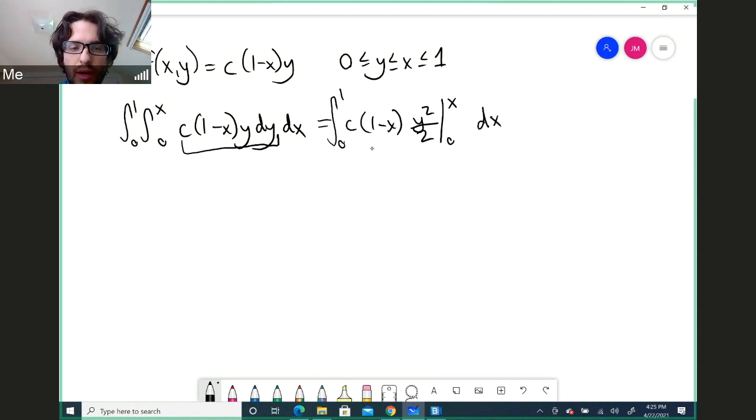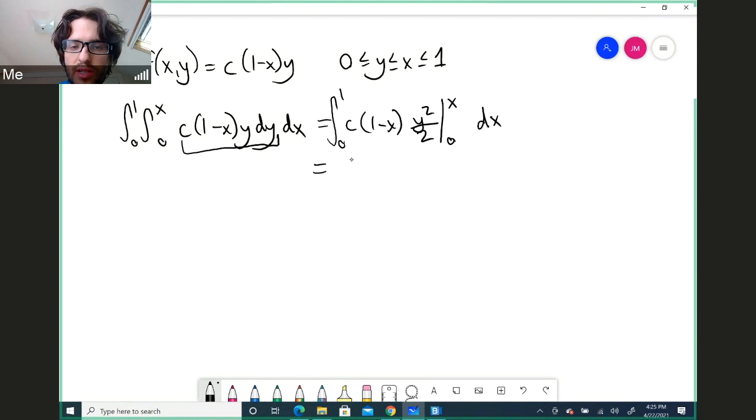At this point, all we've done is integrate the inner integral, so y becomes y squared over 2, and we keep the constant. The next step is we plug in the limits, so x goes in here and that becomes x squared over 2. The 0 just zeroes out.